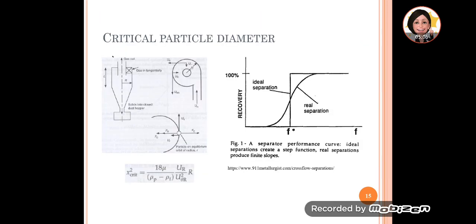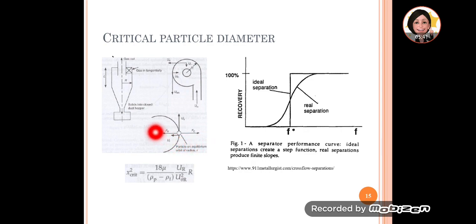Let's look into the critical particle diameter. This is the diameter we are looking at to define a particular cyclone, meaning what particle size will be efficiently separated, that means 100% separated, in a cyclone. For that we have to do a force balance for a particle size. Let's say it's in equilibrium, and it is governed by these forces.